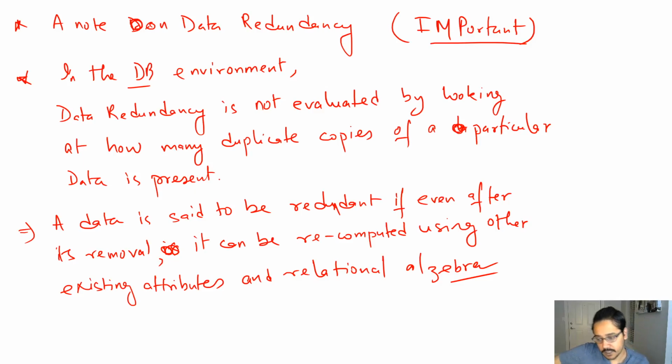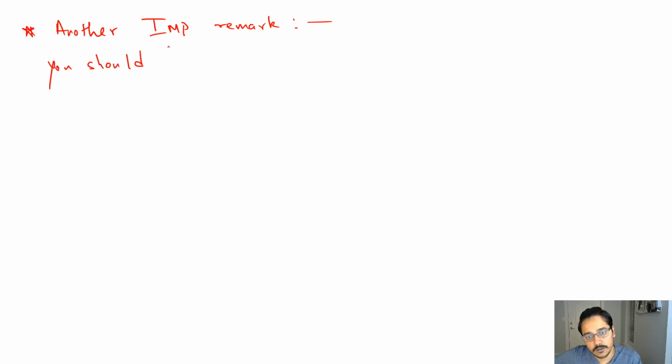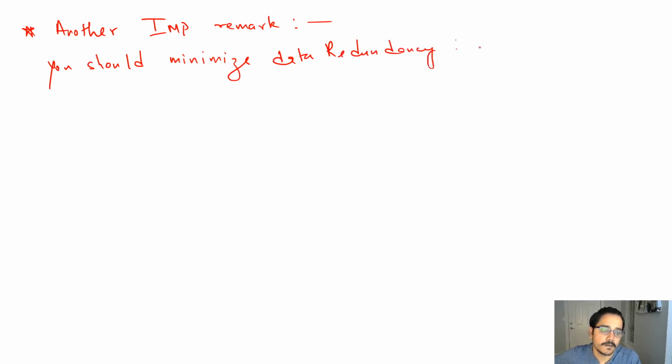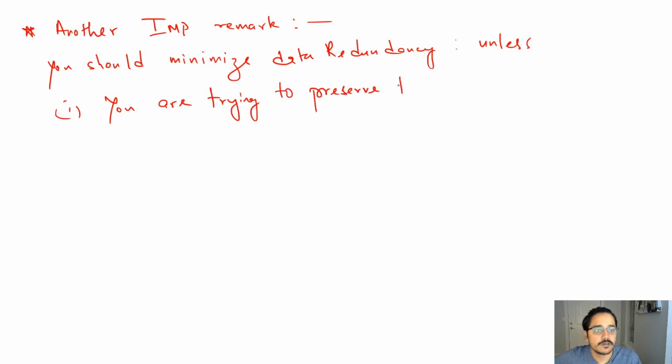So another important remark from the book itself, another important remark is you should minimize data redundancy unless you are trying to preserve the historical accuracy of data.